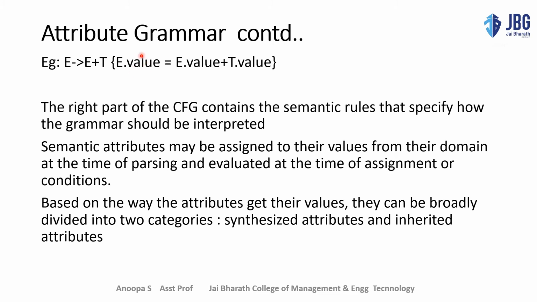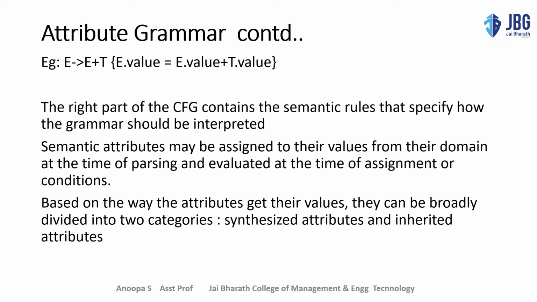So this is the rule. Semantic attributes may be assigned values from their domain at the time of parsing and evaluated at the time of assignment or conditions. So how is the attribute assigned a value? At the time of parsing, it will get the value.